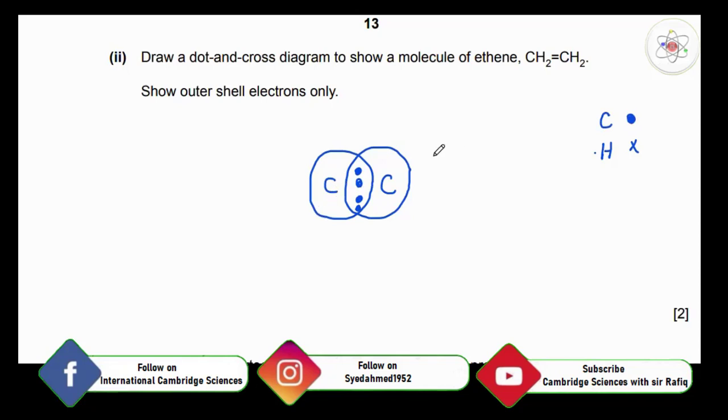That means 2 hands they have shaken with each other, leaving behind 2 hands, so they can shake one hand each with one hydrogen, because hydrogen has only one hand to shake.